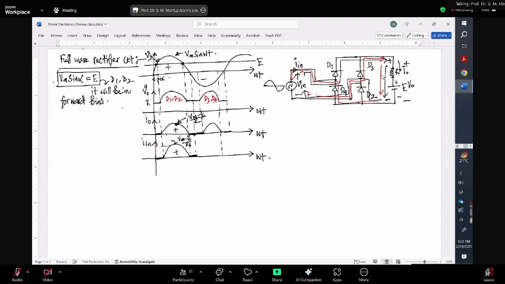So now, during the negative half cycle, is the current on the input side changing, or is it remaining the same as the output current? So changing.